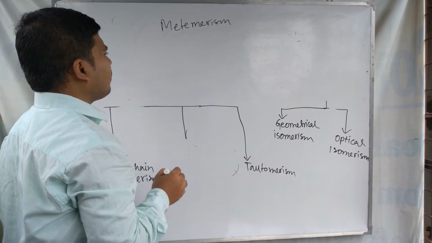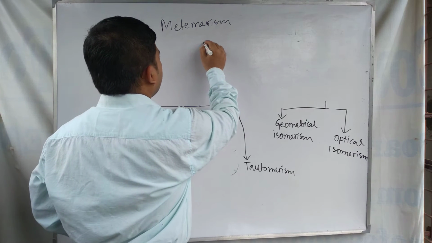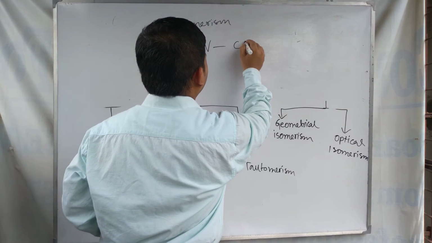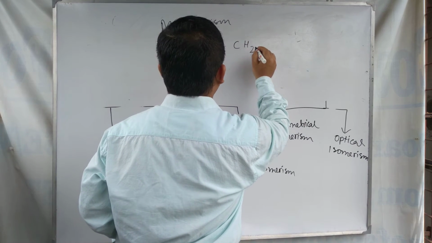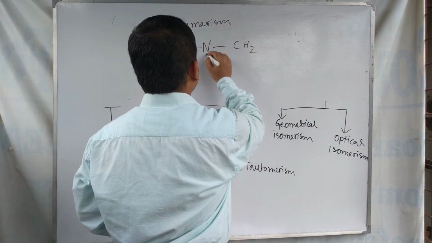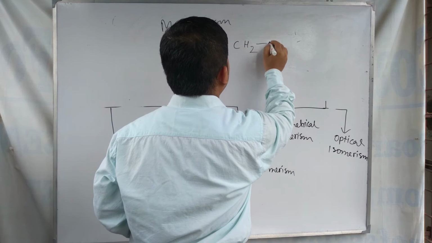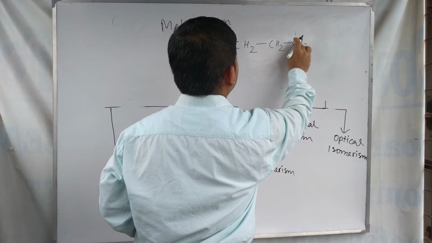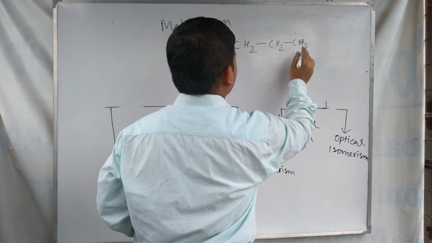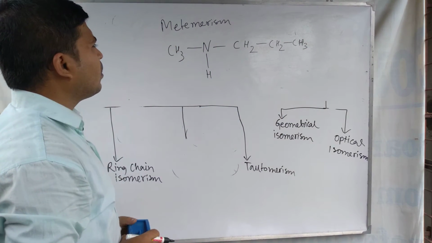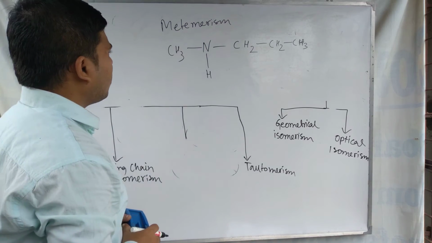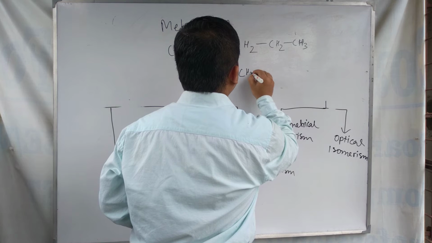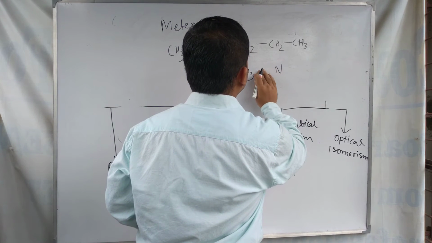Metamerism: in this case, suppose we take an example of this one. This is an amine compound, and this one is an amine.